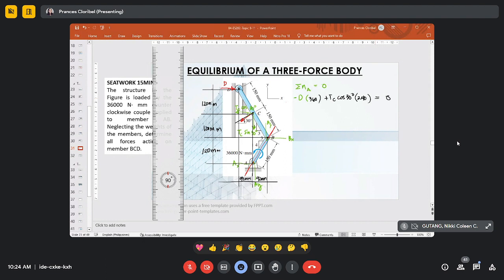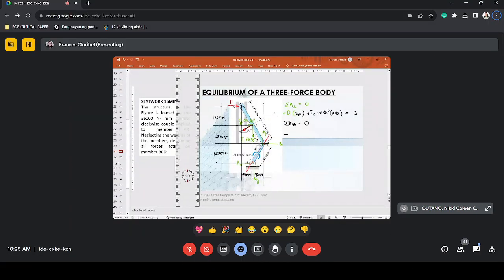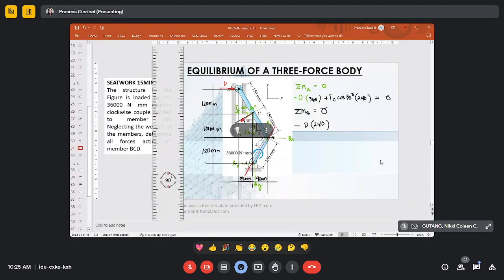Next, since this is a two-force body, if we sum up moment at B again, equal to 0, AX and AY are 0, and BX and BY are also 0. The moment is the same. So for D to B, clockwise, so negative, D times 240, and our tension C going toward B is counterclockwise.